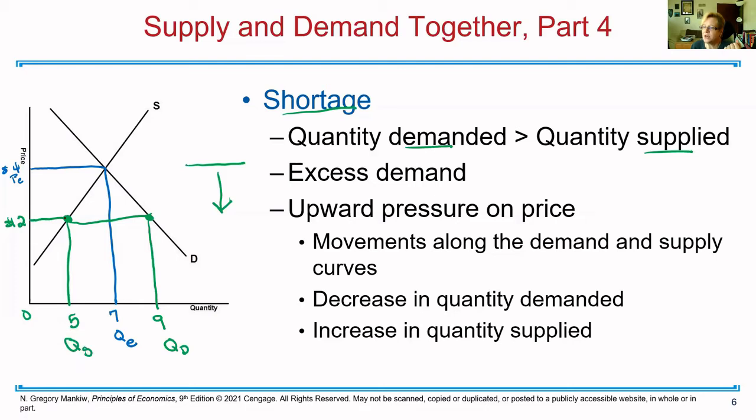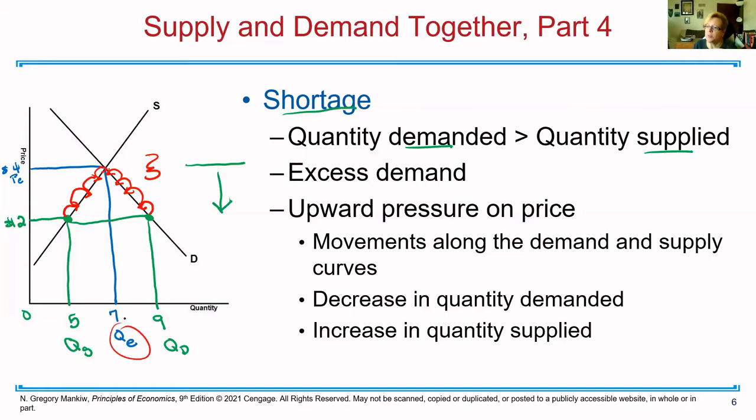So suppliers start by raising prices. As they raise prices, buyers drop out of the market. Again, raising the price, buyers drop out, raise price, buyers drop out. Where's this going to stop? Somewhere around $4, and a quantity equilibrium around 7.